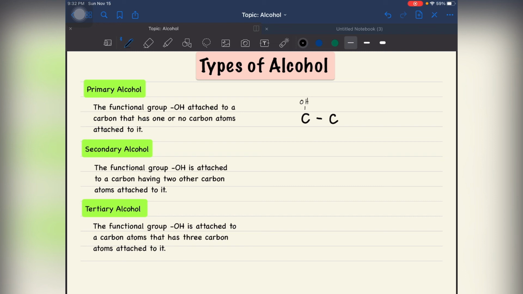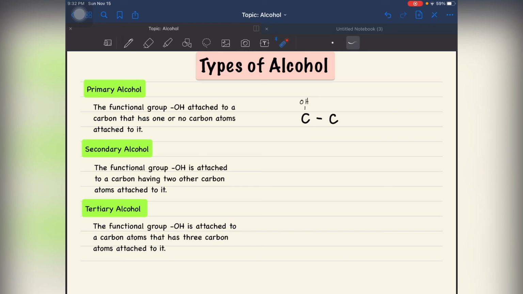Makukonsider natin siya na primary alcohol kapag nakakonect siya sa carbon na kung saan iisang carbon atom lang yung nakakonect doon, or it's either siya lang alone. So, makukonsider natin siya as primary alcohol. Next, we have secondary alcohol.